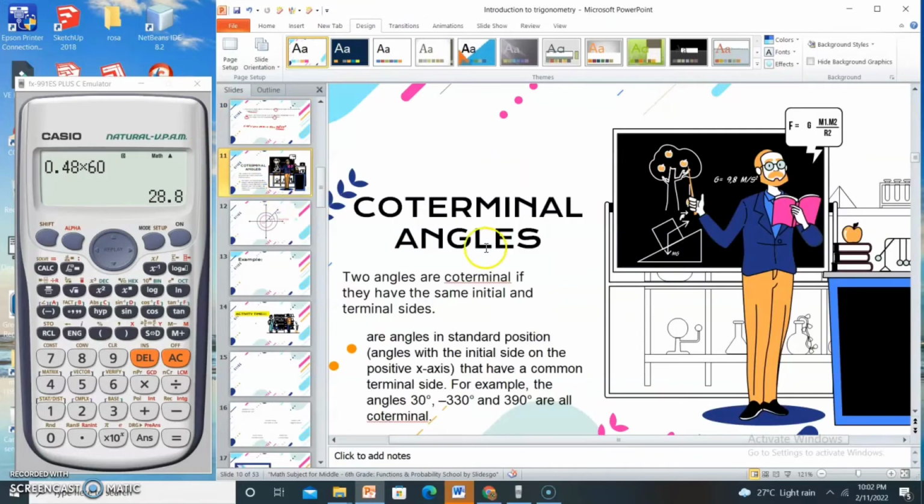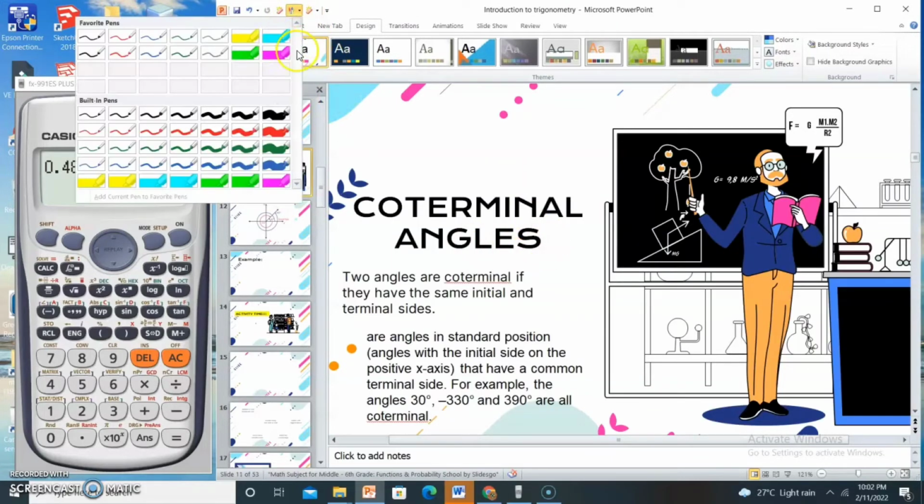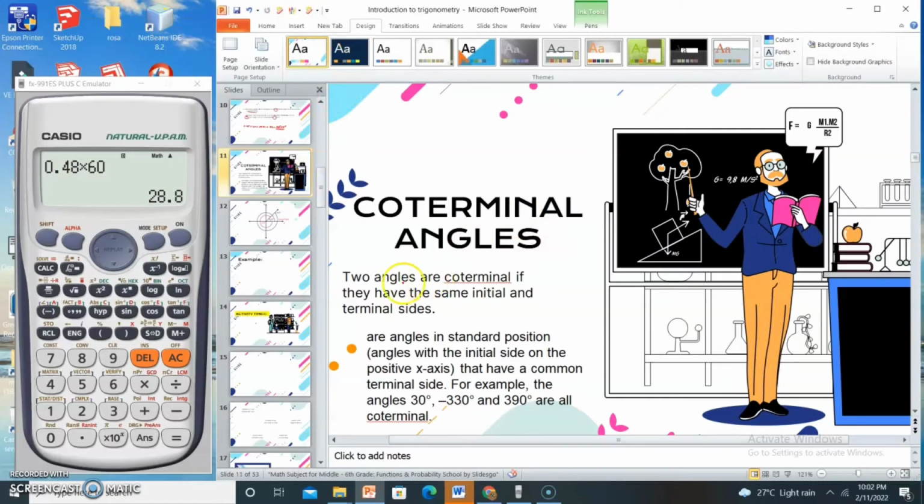Next topic is coterminal angles. Coterminal angles have the same initial and terminal side. Angles in standard position, with the initial side on the positive x-axis, that have a common terminal side are coterminal. For example, angles of 30 degrees, negative 330 degrees, and 390 degrees are coterminal.